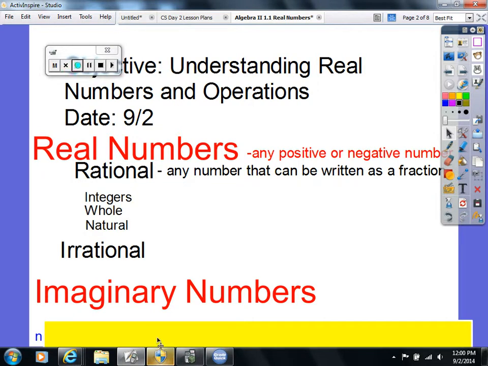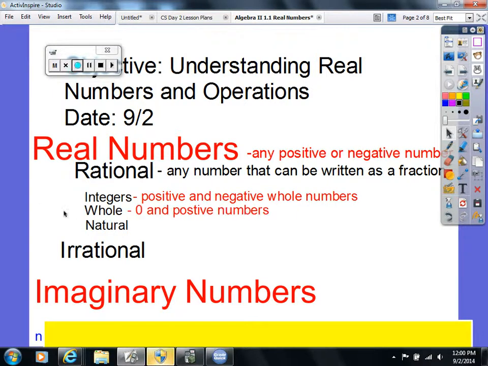With rational numbers, there are three main types that we're going to focus on in this class: integers, whole numbers, and natural numbers. An integer is any positive and negative whole number. An example, -3, -2, -1, 0, 1, 2, and 3.